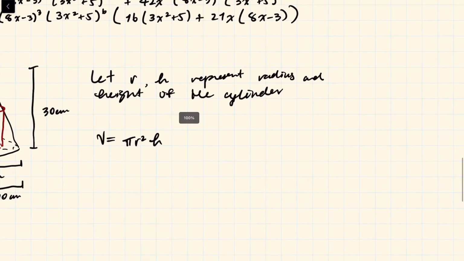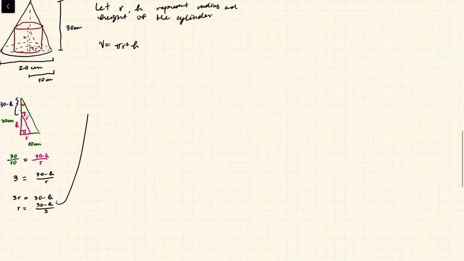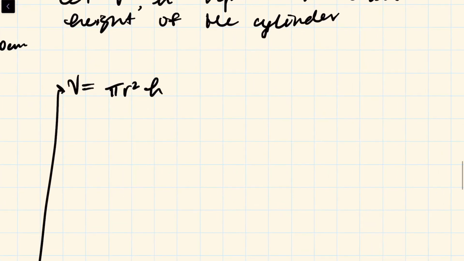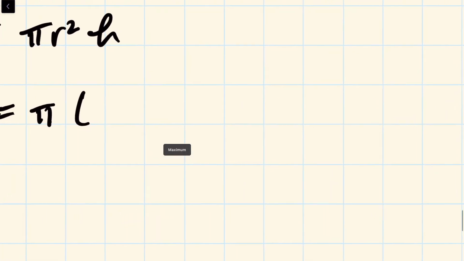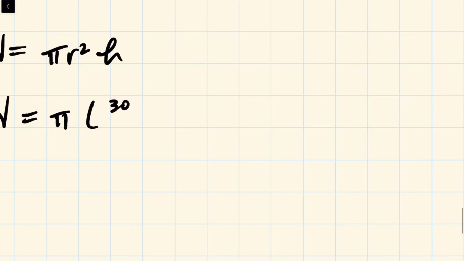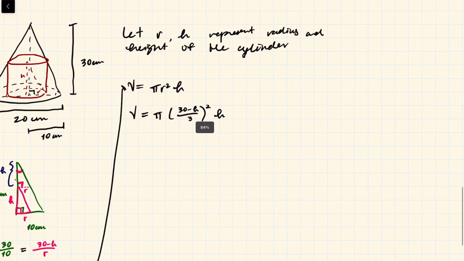Okay, so that's r. Now we can sub that into our original equation here. V equals pi. Now we know r to be (30 minus h) over 3, all squared, times h. Right?